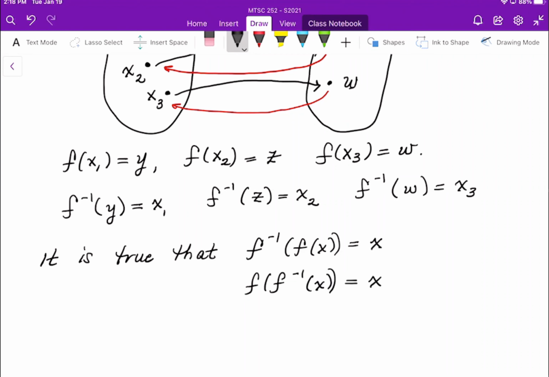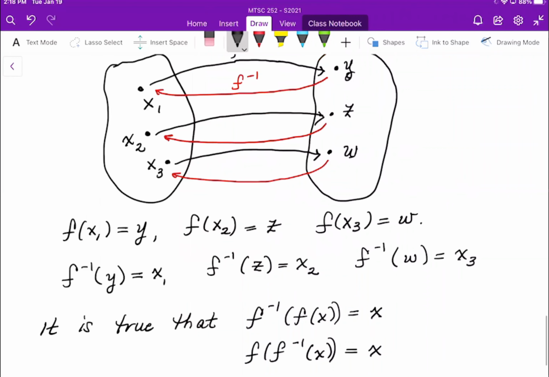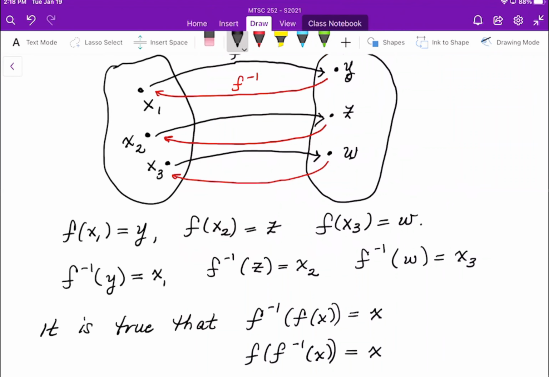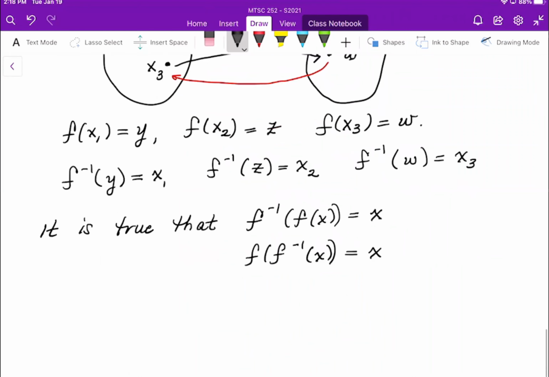So let's see. Let's say we start at x1. We take f of x1. That gives me y. So here I have f inverse of f of x1. So I need to compute this part first. So what is f of x1?